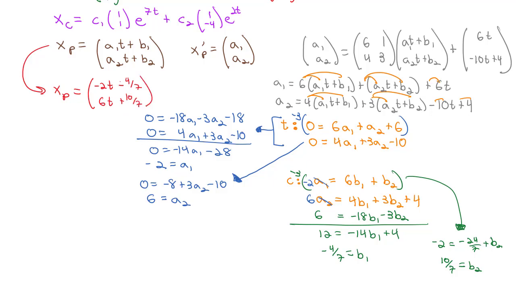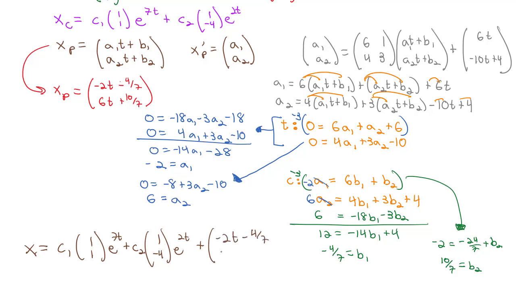And so we can put that all together to get the general form of x. X is equal to x complement, c1, 1, 1, e to the 7t, plus c2, 1, -4, e to the 2t, plus x particular, which is -2t, minus 4/7, and 6t, plus 10/7.